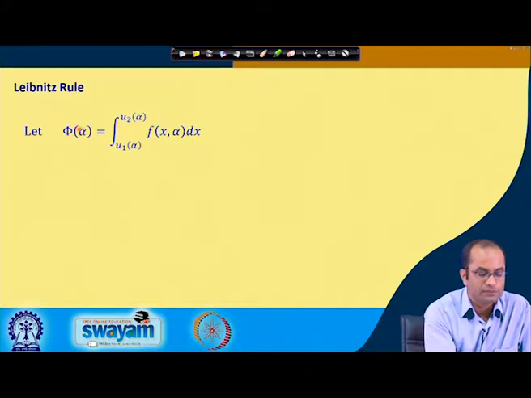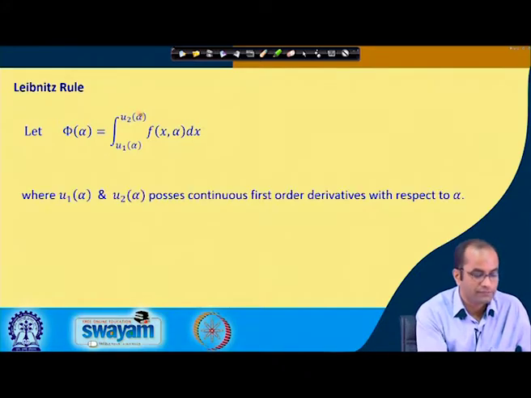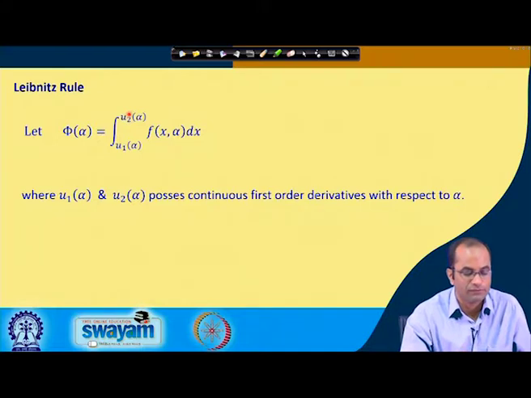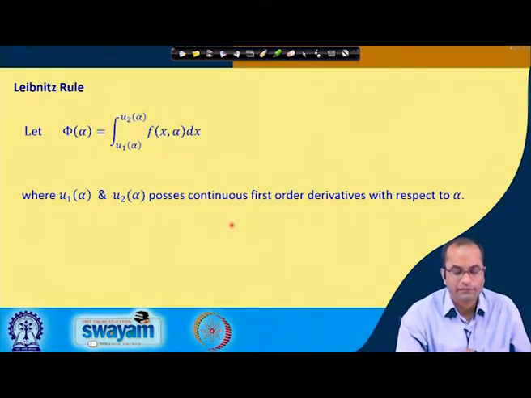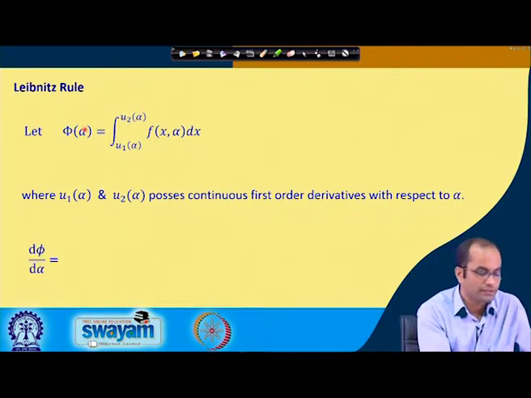So we assume that this is a function of alpha, phi(alpha), and the rule says that if u1(alpha) and u2(alpha), the functions in the limits, have continuous first order derivatives with respect to alpha, then we can differentiate phi with respect to alpha.